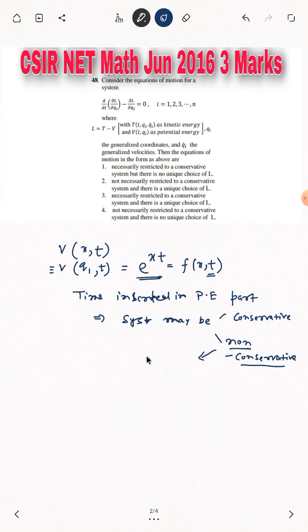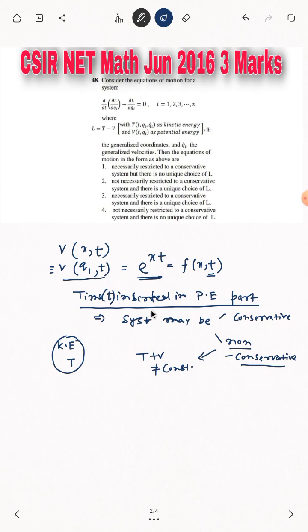In a non-conservative system, T plus V is not equal to constant. So if time t is inserted in the potential energy part, again I am mentioning the fact that you should not bother about kinetic energy T. Just take a look at the potential energy part and see whether time is inserted.